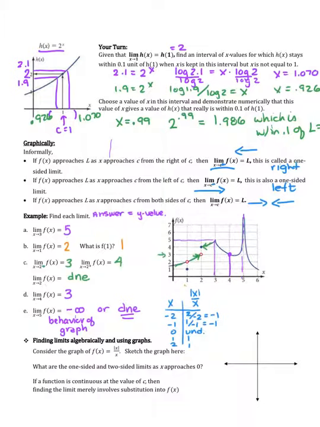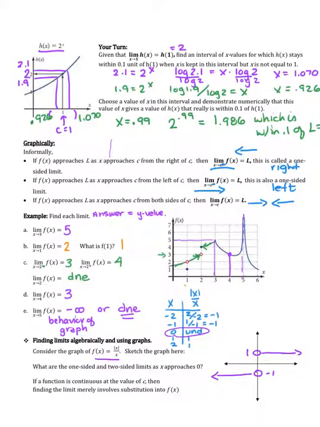So if I graph this, at 0 I have a hole because the graph is undefined at x equals 0. Anything above 0 is going to be +1, and anything in the negative x is going to be -1. So that is what the graph looks like.